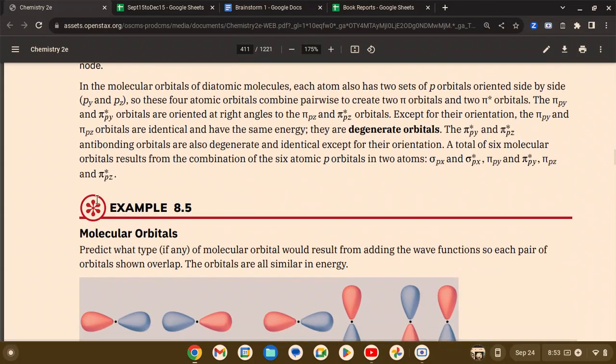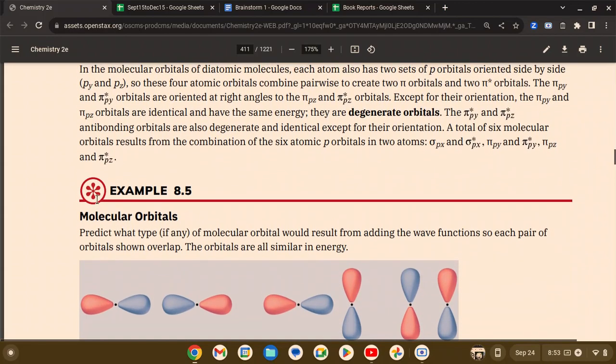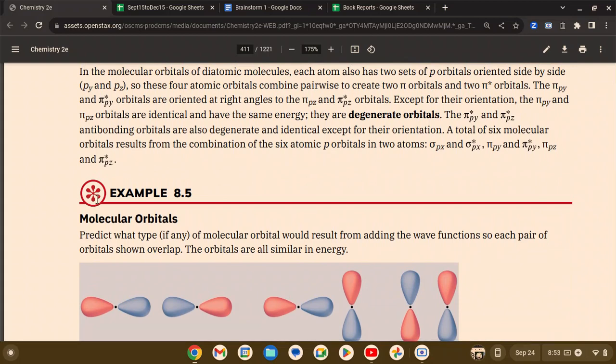In the molecular orbitals of diatomic molecules, each atom also has two sets of p orbitals oriented side by side. So these four atomic orbitals combine pairwise to create two pi orbitals and two pi star orbitals. The pi py and pi star py orbitals are oriented at right angles to the pi pz and pi star pz orbitals.